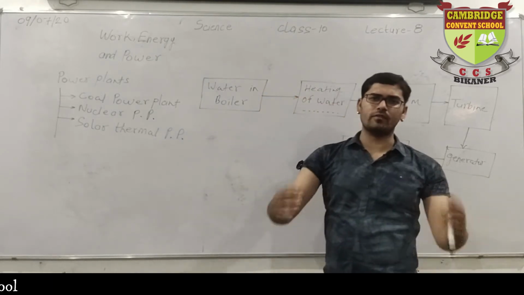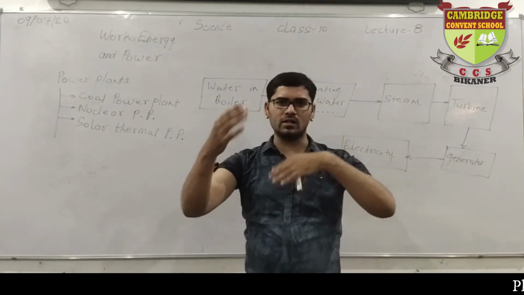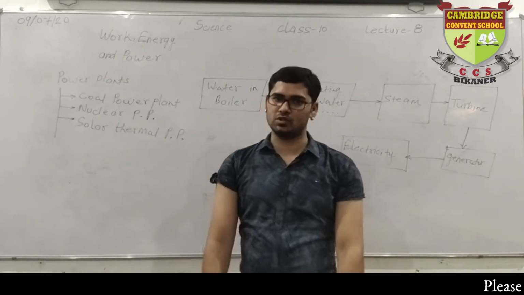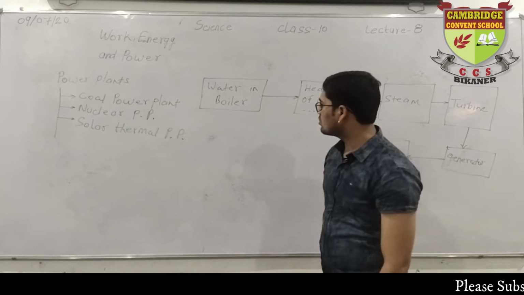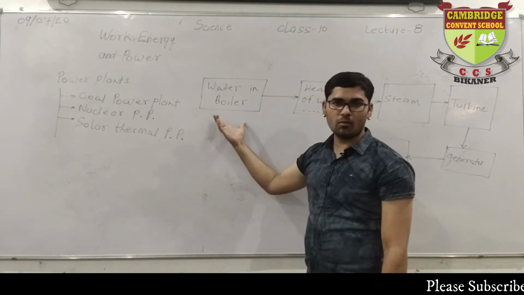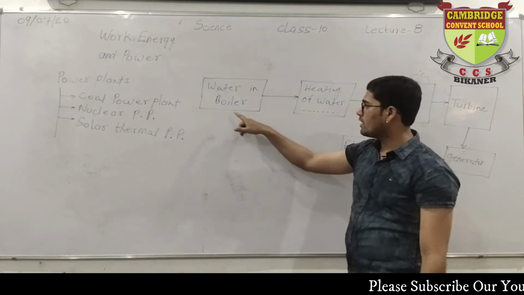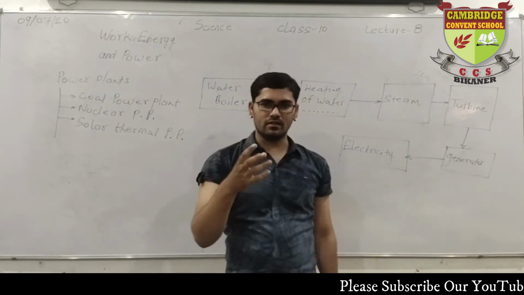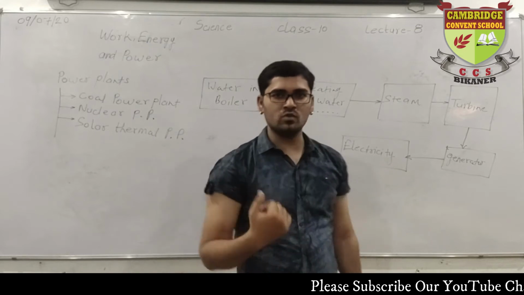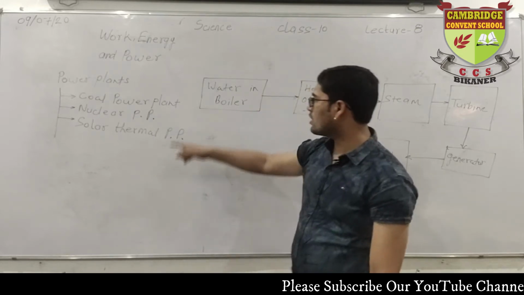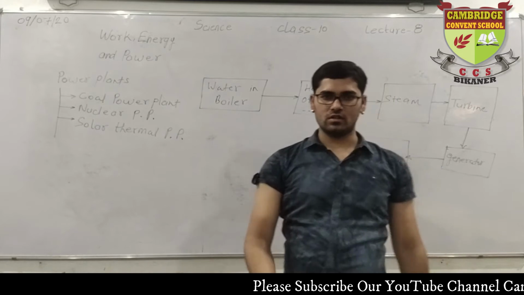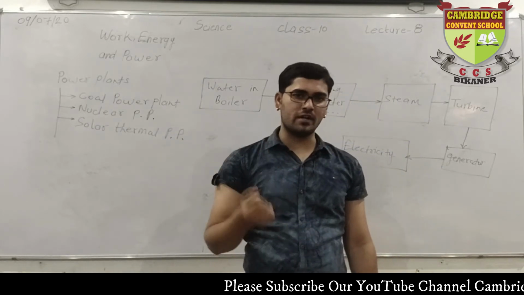Boilers are of very big size, maybe double, 3 times, 4 times the size of a house. So the boiler contains lots of water inside. There is a heating arrangement at the bottom of the boiler, where a huge amount of coal is burnt.